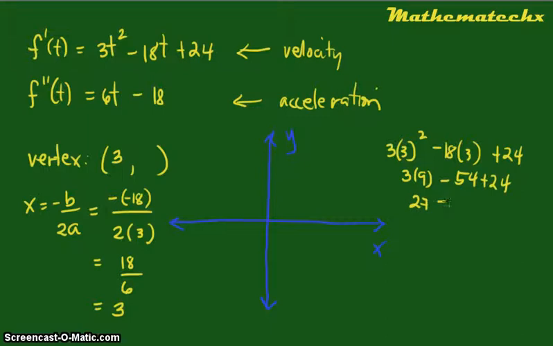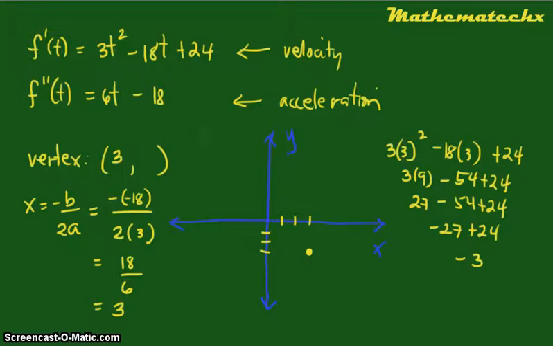This is 27 minus 54 plus 24, which is negative 27 plus 24. It should be negative 3. So at x equals 3, the vertex will be at negative 3.